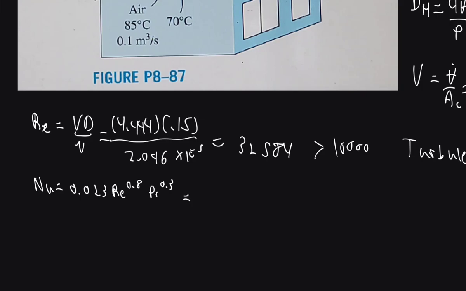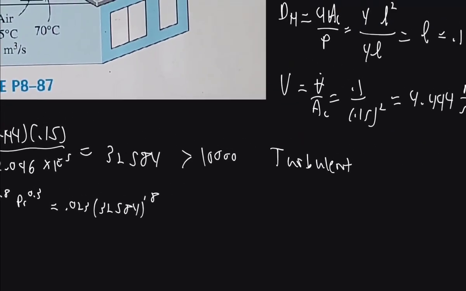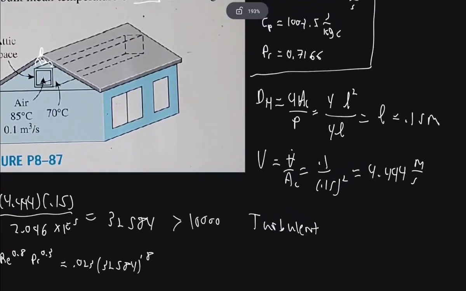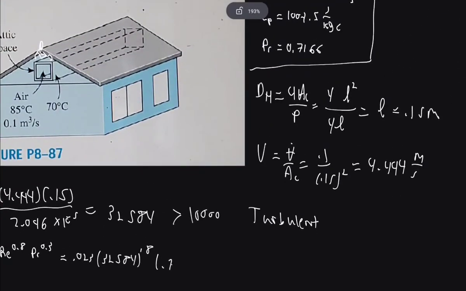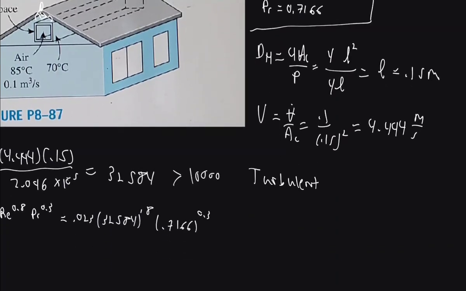So we can substitute in 0.023 times 32584 to the 0.8 times the Prandtl number, which is 0.7166, to the 0.3. Calculating this, we get 84.86.